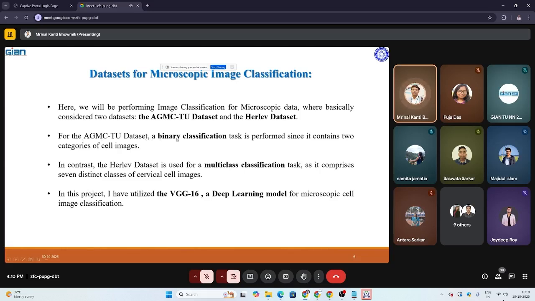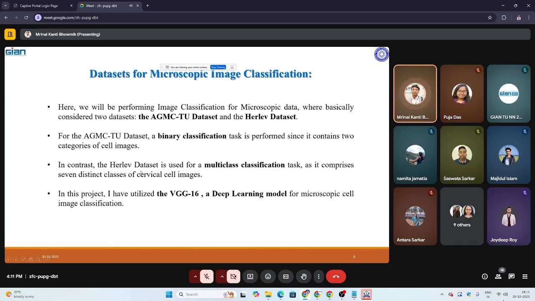So for the AGMC2 dataset, a binary classification task is performed since it contains two categories of cell images. In contrast, the HighLev dataset is a multi-class classification task. It comprises 7 distinct classes of cervical cell images.